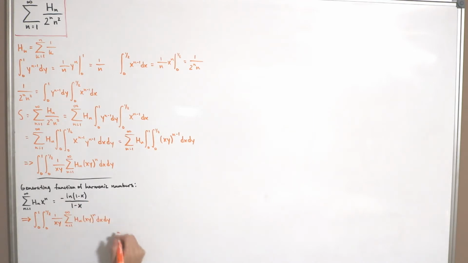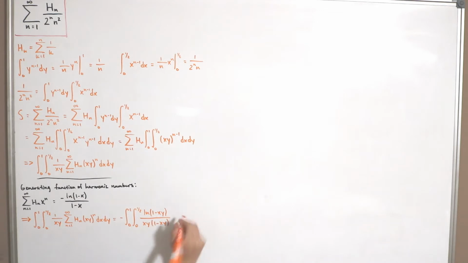So that means we get the negative double integral of the natural log of 1 minus x; specifically, we're dealing with xy, so this will be the natural log of 1 minus xy, multiplied with xy from over here, so xy over 1 minus xy, and then dx dy.